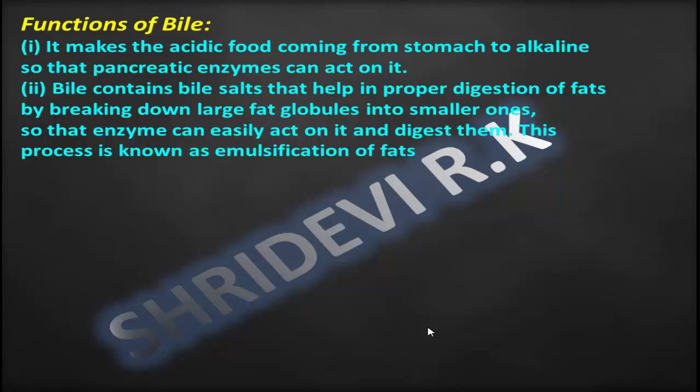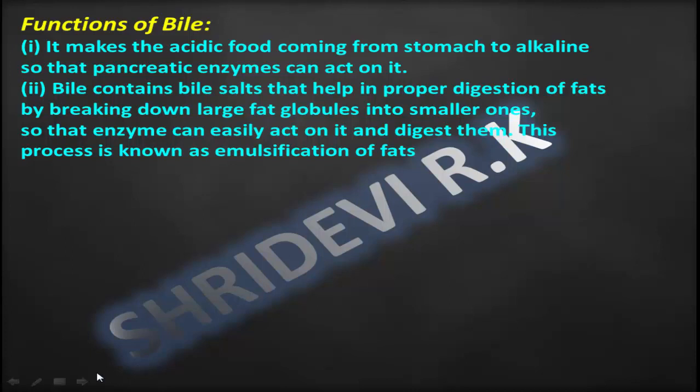The bile contains bile salts that help in proper digestion of the fats by breaking down large fat molecules into smaller ones. Bile salts, sodium glycolate and sodium taurocholate, both of them are required for the digestion of fat, so that enzymes can easily act on it and digest them.